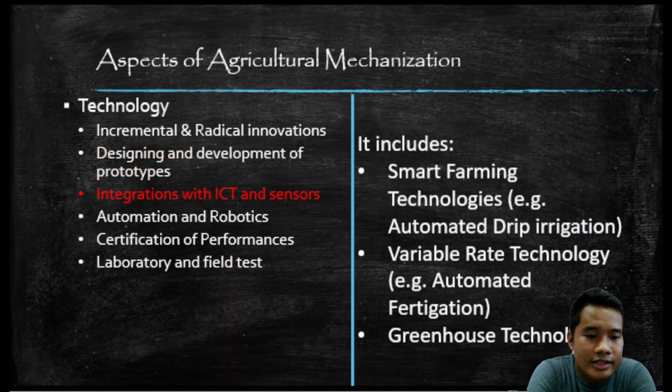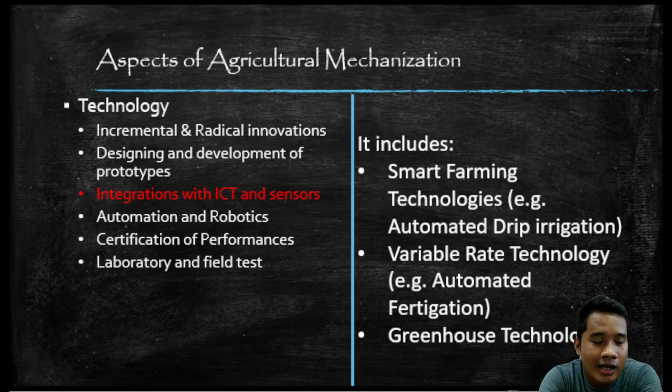Next is the integration with ICT and sensors. Examples for this are smart farming technologies such as automated drip irrigation, variable rate technology, automated fertigation, and greenhouse technology. The integration of ICT and sensors is also a very important aspect of agricultural mechanization.